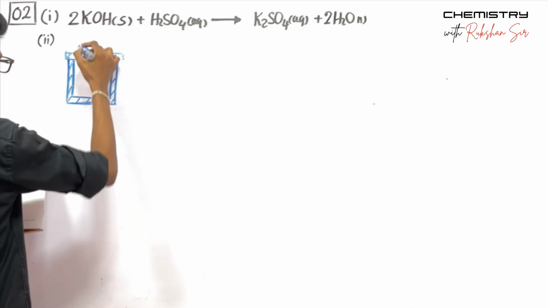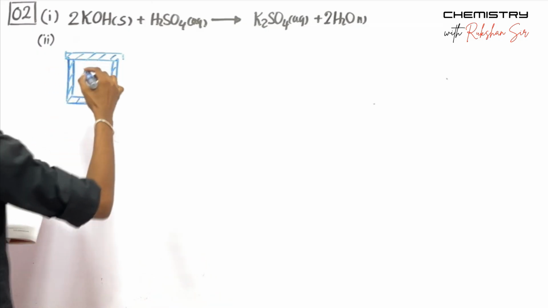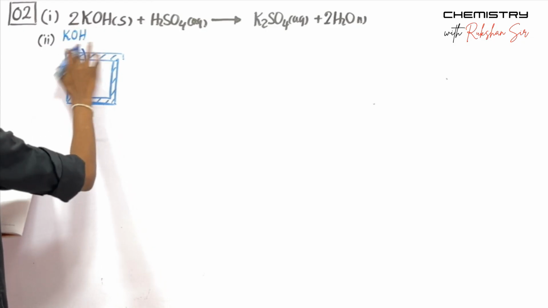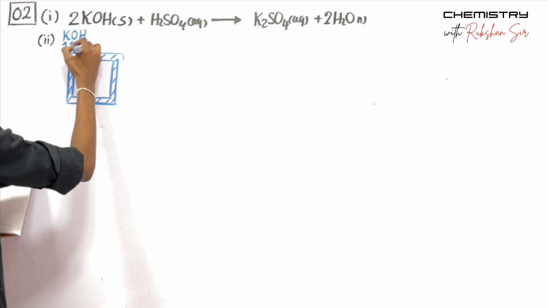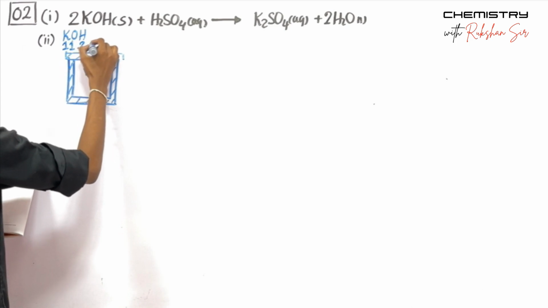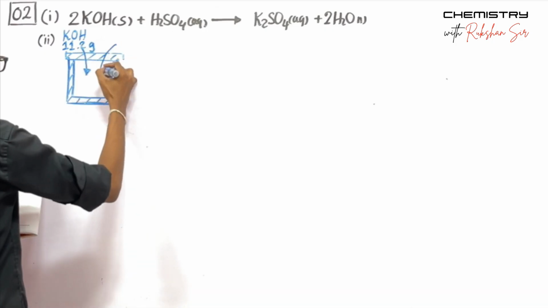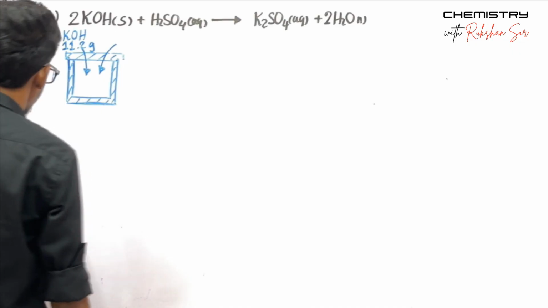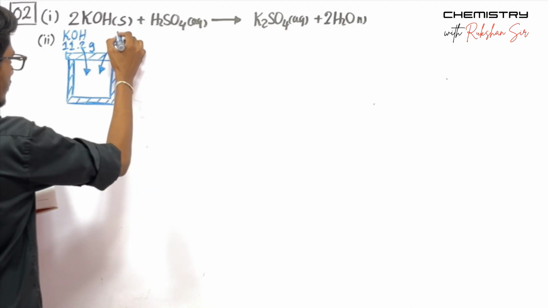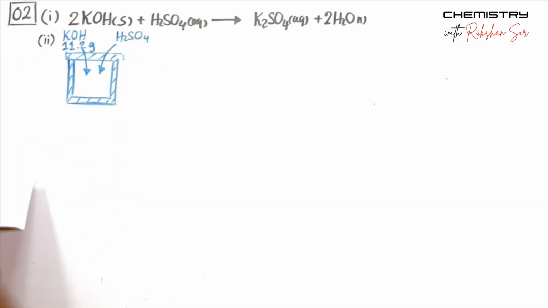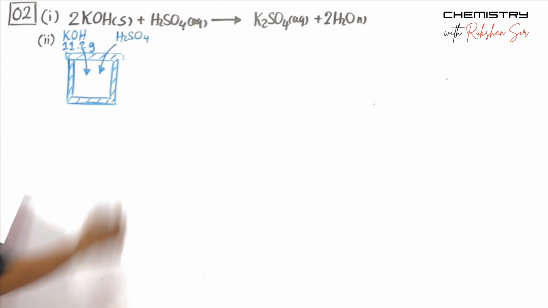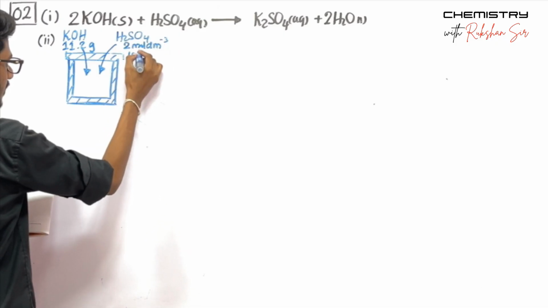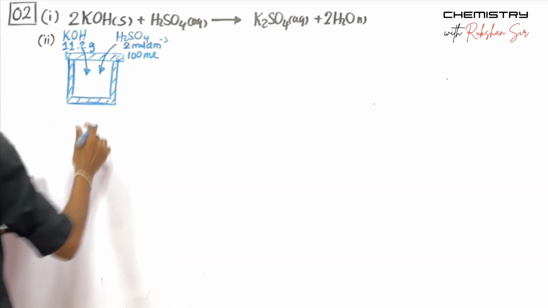To this they have added 11.2 grams of KOH. 11.2 grams of KOH is added to some H2SO4 solution. The concentration is 2 mole, 100 milliliters. To such an H2SO4 solution, KOH is added.